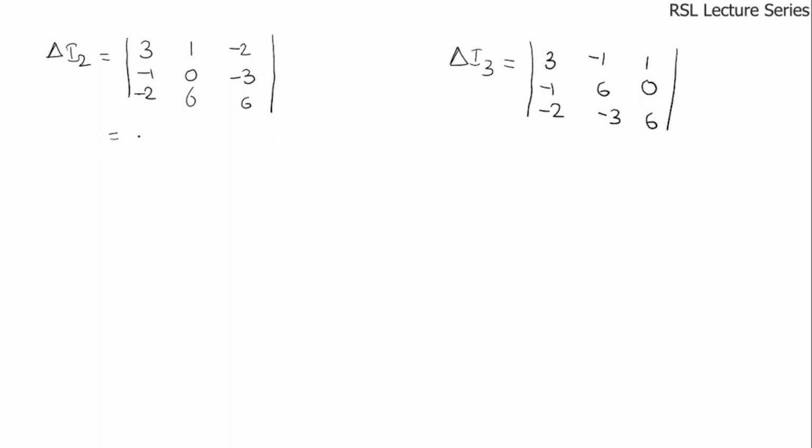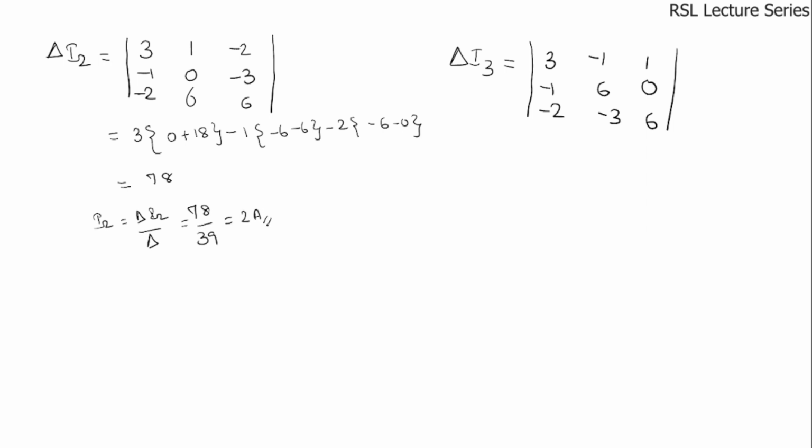So now we find the determinant value: 3 into (0 plus 18) minus 1 into (minus 6 minus 6) minus 2 into (minus 6 minus 0). On simplification, delta I2 will be equal to 78. So I2 is equal to delta I2 divided by delta, 78 divided by 39, which is equal to 2 ampere.